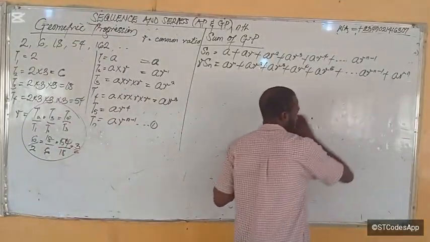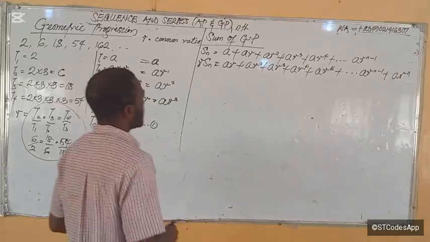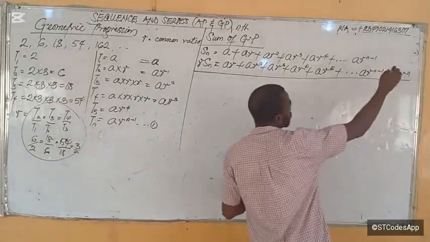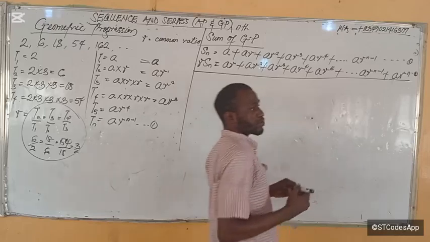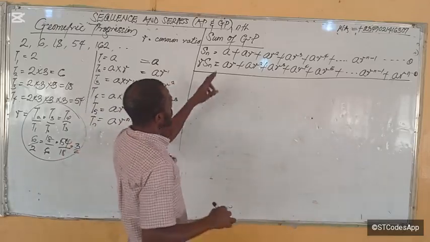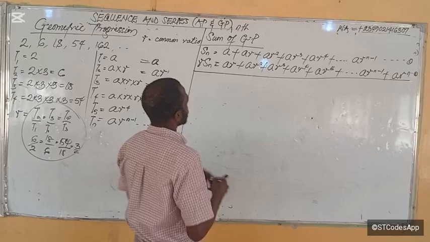Now, what I have here, I can either subtract equation 1 from equation 2, let's call this equation 1, let's call this equation 2, or equation 2 from equation 1, either way. But I like to subtract equation 1 from equation 2.